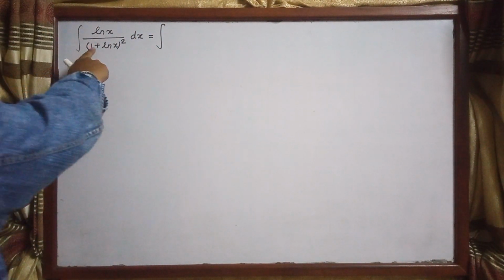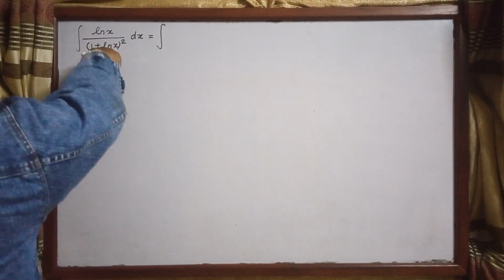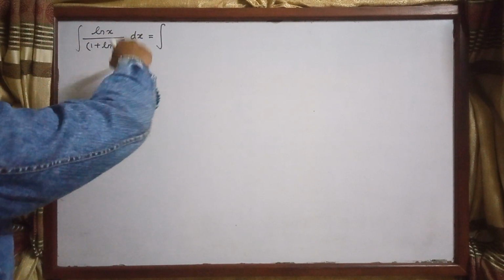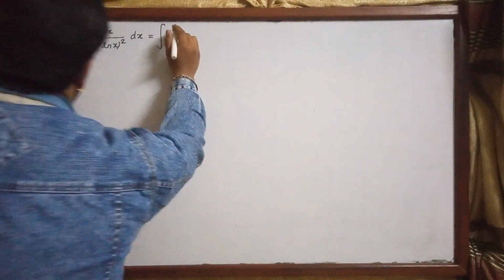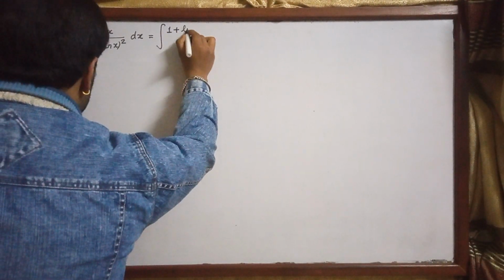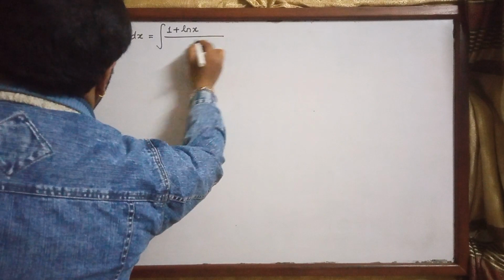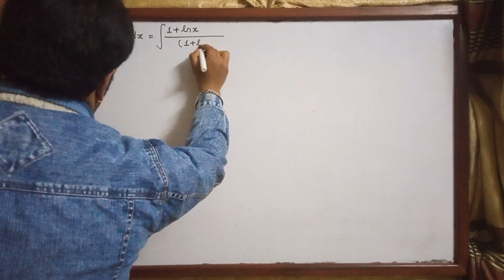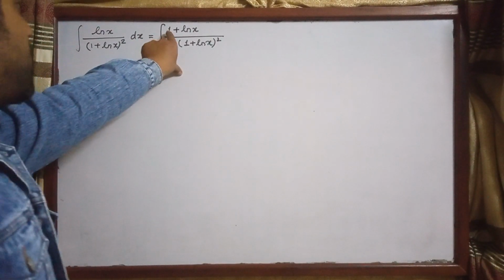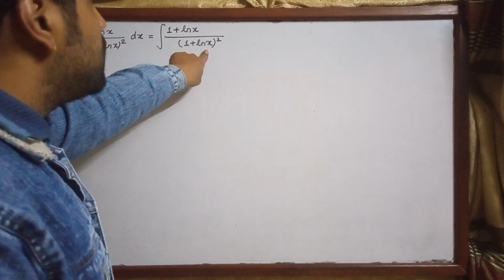So we have 1 plus log x in the denominator and just log x in the numerator. So let's try and make the numerator and the denominator similar. Okay, let's try and make them look similar. So we add 1 to log x so that this part and this part look similar.